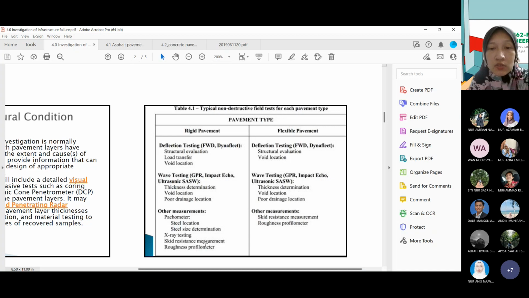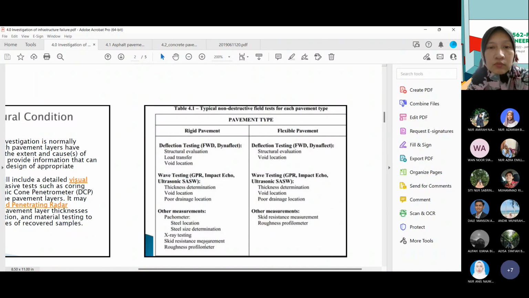We can test the material itself, look at the stiffness, look at the skid resistance.